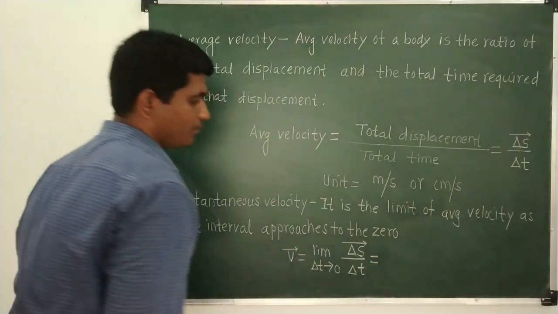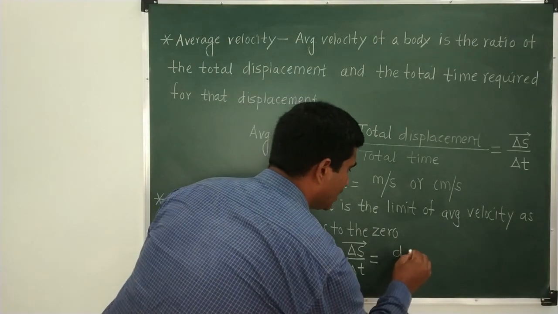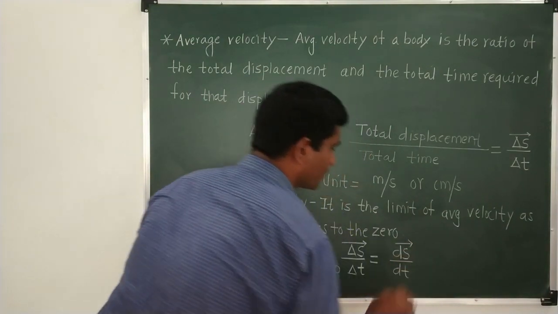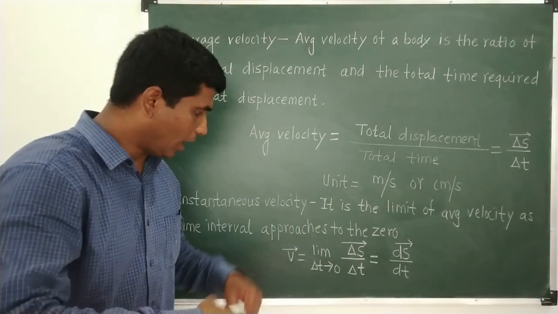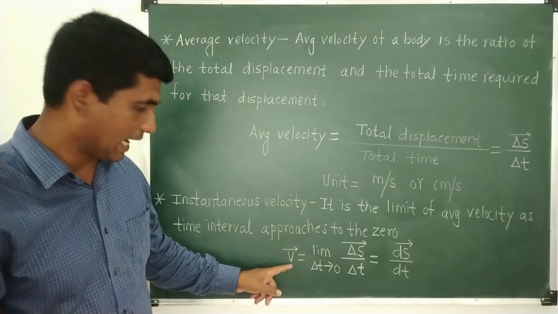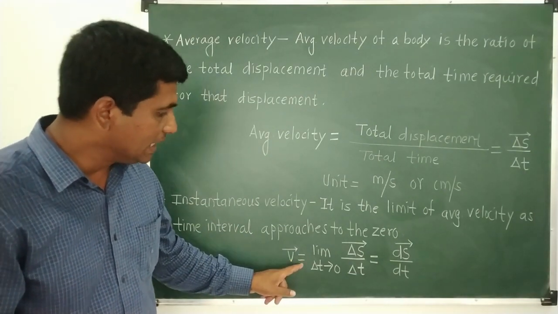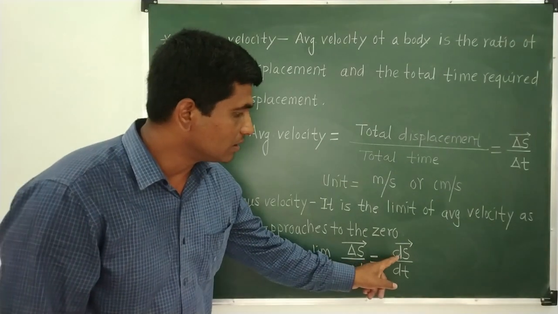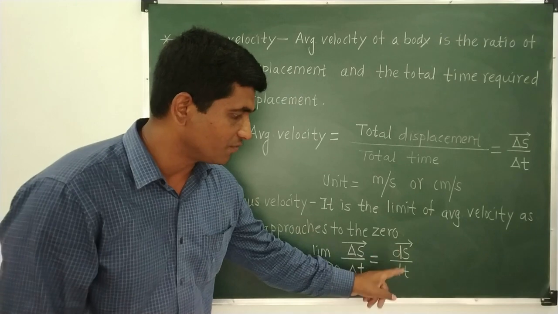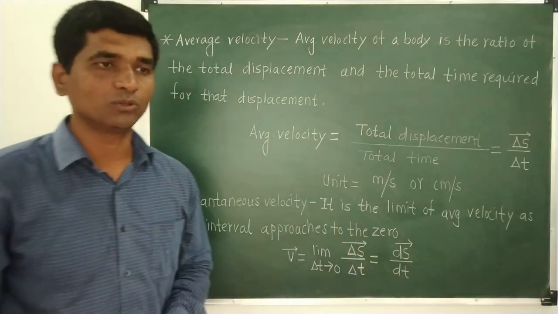In the language of calculus, this limit is nothing but the derivative, ds bar by dt. So in other words, instantaneous velocity of an object is defined as the rate of change of displacement with respect to time.